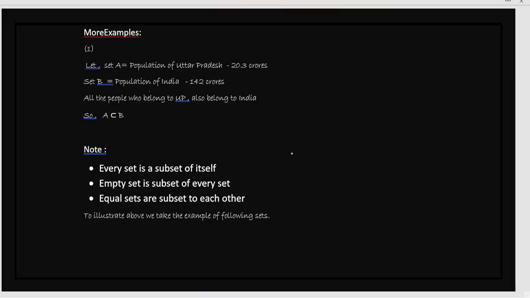Now we have to focus on these three important concepts about subsets. Every set is a subset of itself. Suppose A is there, A is a subset of itself. And this is not a proper subset. Empty set is a subset of every set. Empty set phi is a subset of A. Why?